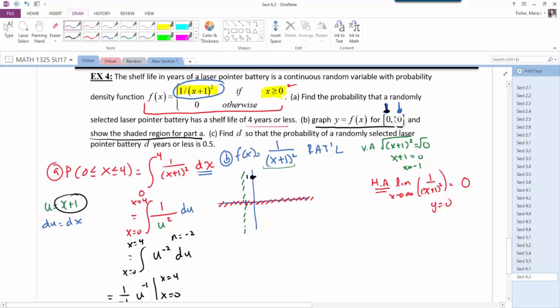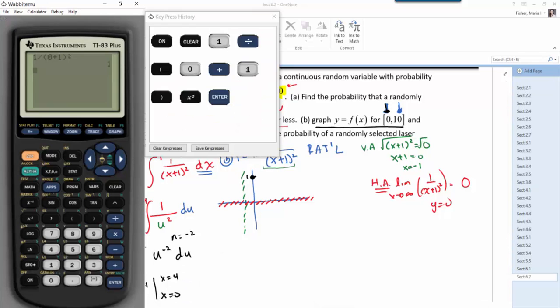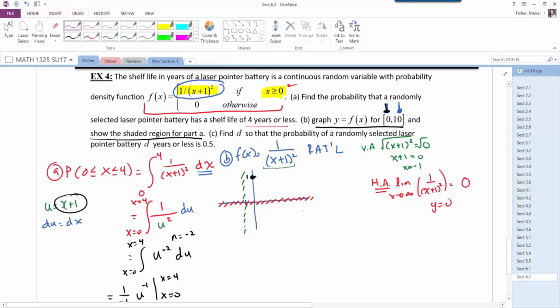And then when x is equal to 10, let's figure out what y is. So this again is just going to be 1 divided by (10 plus 1) quantity squared. And I get something that's really close to 0.008. So when I'm at 10, so let's call this guy 10, I'm almost at 0, so I'm about there.